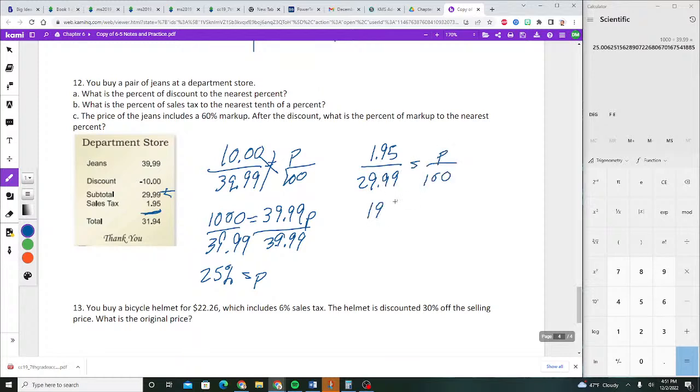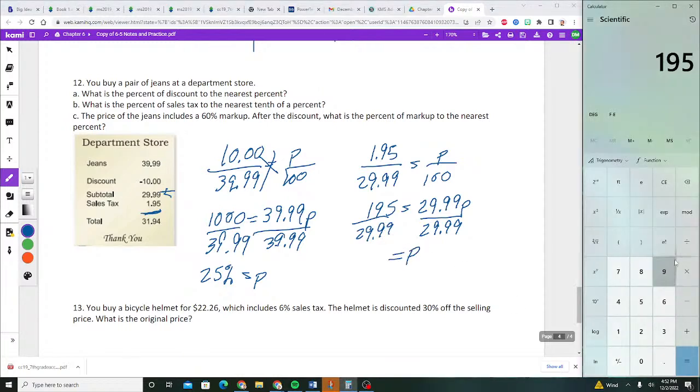So we have 195 equals 29.99 P. Divide by 29.99. And so we have 195 divided by 29.99. And to the nearest tenth of a percent, it's 6.5% sales tax.